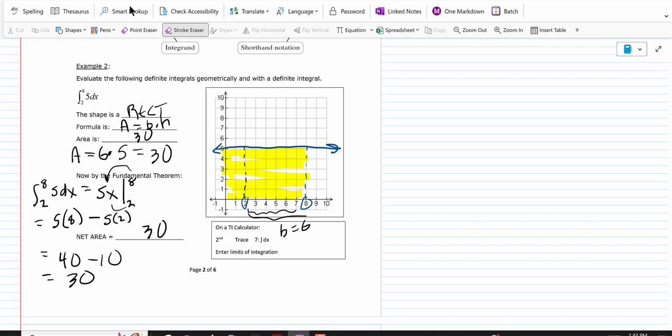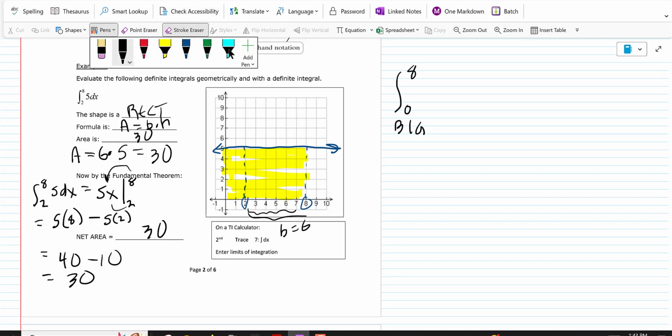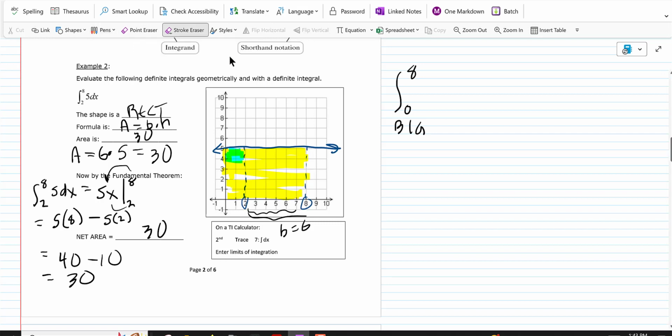So you're really doing the integral from 0 to 8, the big area. And the 10 is this thing right here, because that's 2 times 5, base times height. So you're doing the area from 0 to 2, the small area. The reason you subtract is because that gives the leftover area.